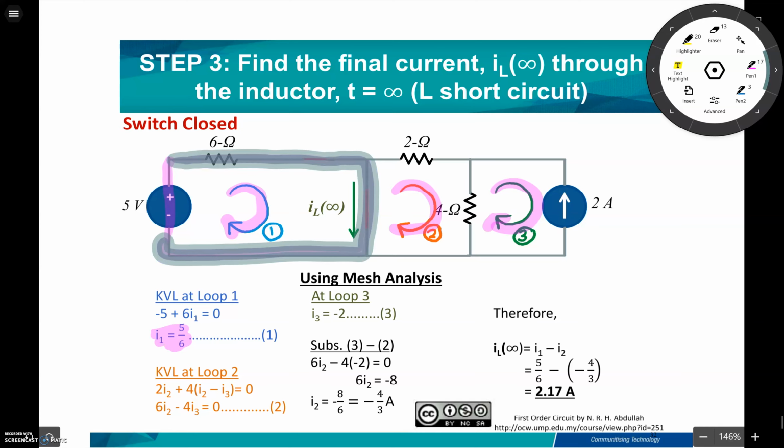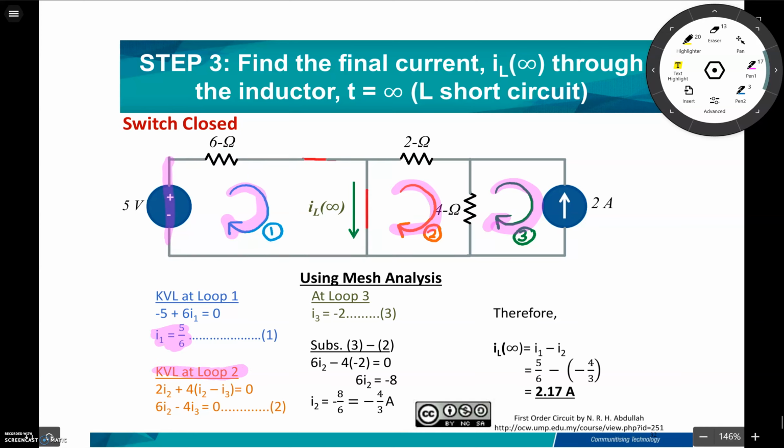And then for the second loop, KVL at loop 2, you can see that 2 I2 plus 4 I2 minus I3 equals to 0. So this is the equation, and it will become equation number 2.